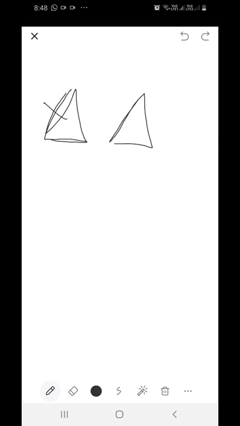Actually, in congruency, you study about the congruency between two triangles, and in congruency, the sides as well as the angles are equal to each other.